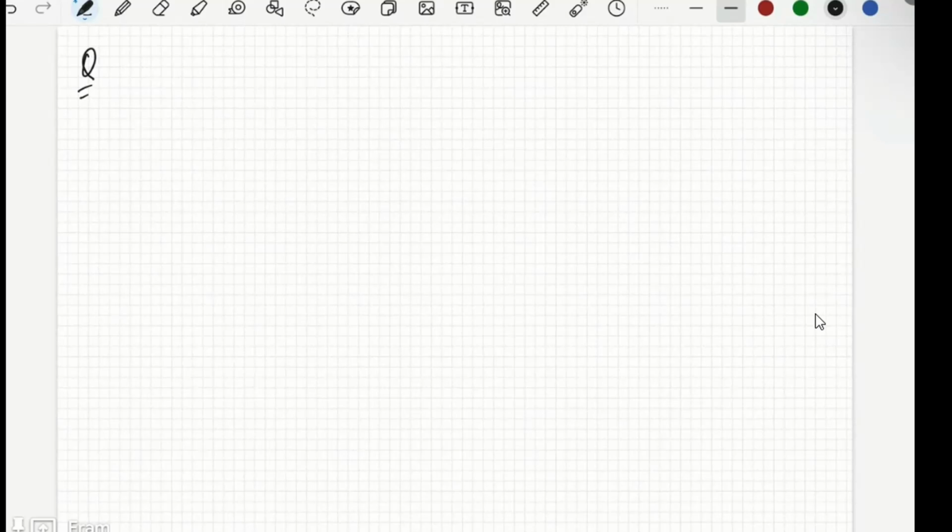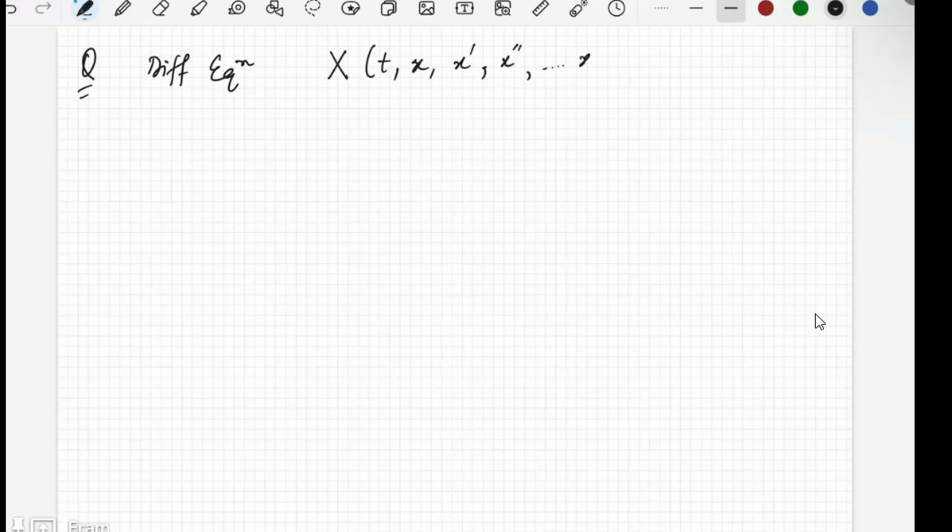So suppose we have a differential equation which is given as some function F of t, x, x dash, x double dash, x triple dash, this equals to 0.